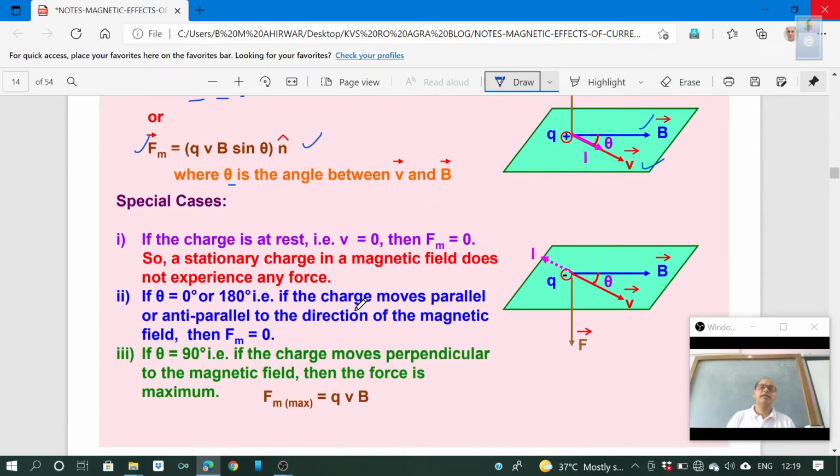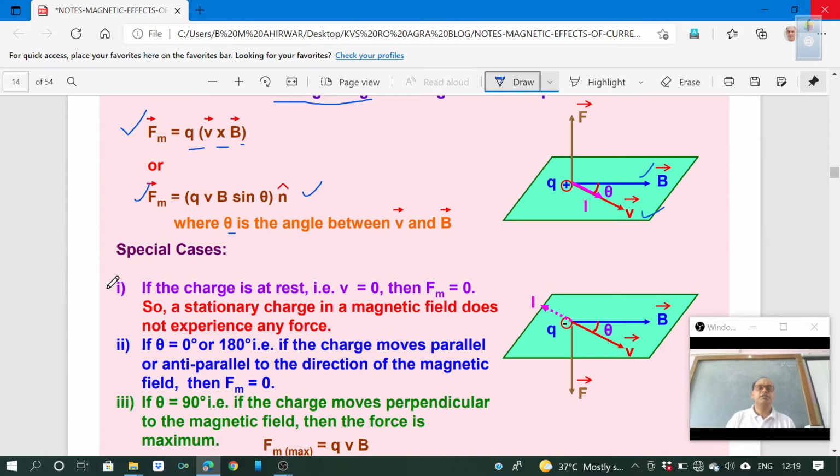There are different cases. When the velocity of the positive charge is 0, no force is experienced by the charge particle. So we can say a stationary charge in a magnetic field does not experience any force.